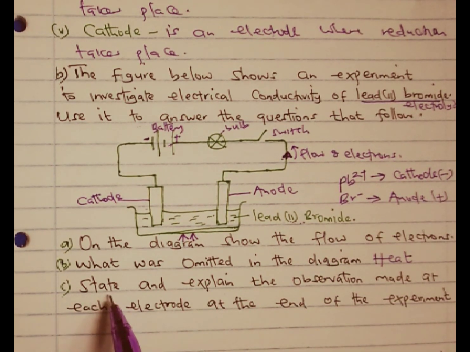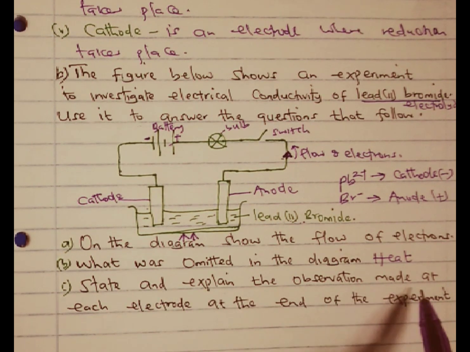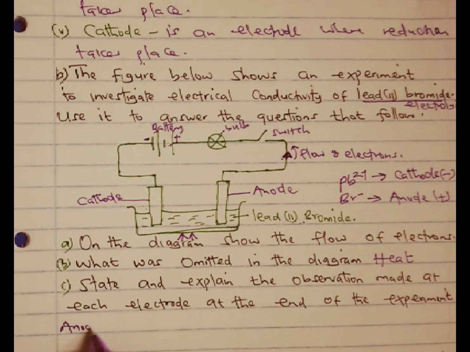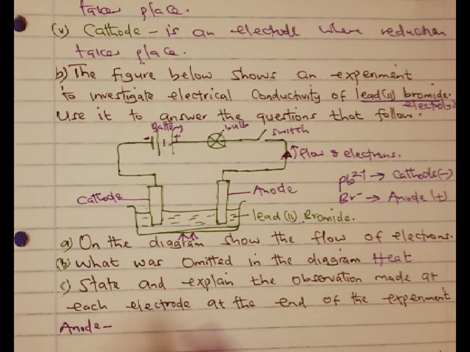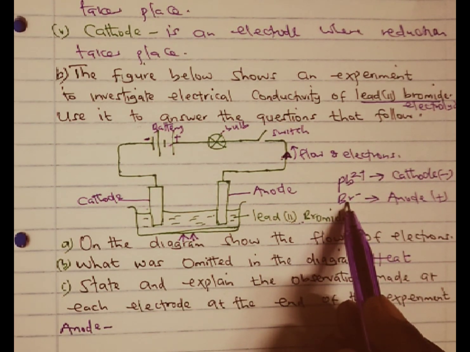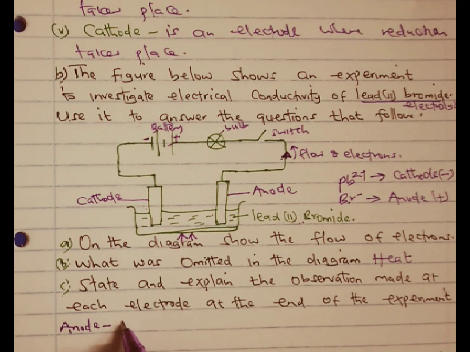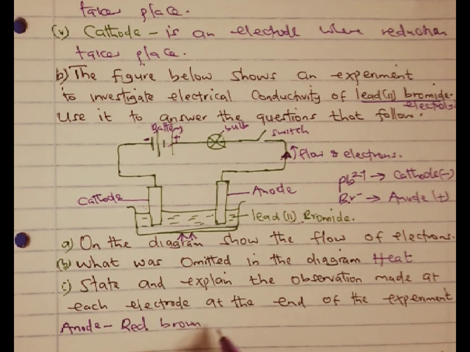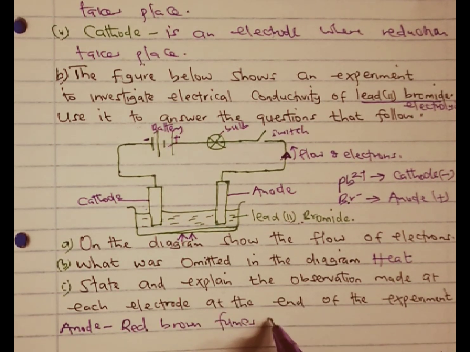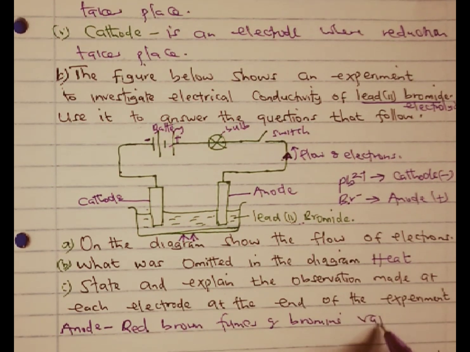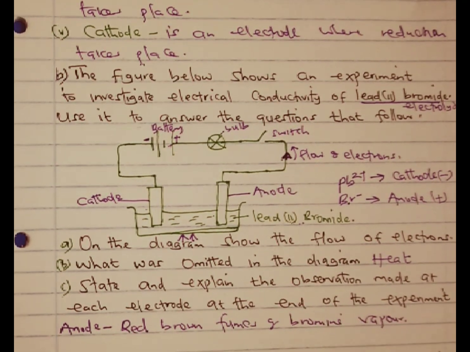So we are supposed to state and explain the observations made at each electrode. We can begin with the anode, where bromine gas is going to be formed, and therefore the observation at the anode is that red-brown fumes of bromine vapor are formed.